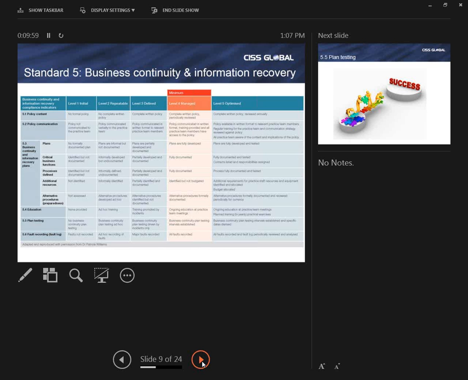So the RACGP standard gives you some information, some explanatory notes, around business continuity. So practical implementation of business continuity and information recovery plans and critical elements of the computer and information security standards. So you have some compliance indicators there.